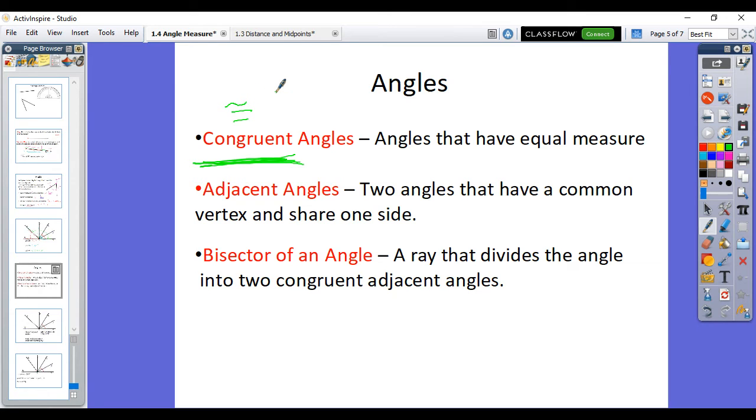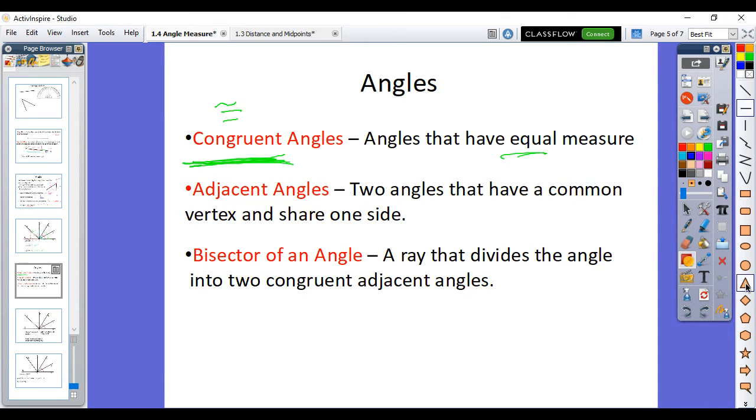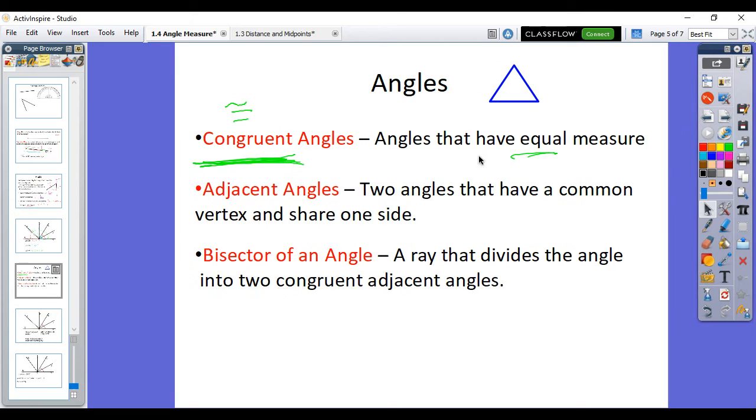Now, the difference between congruent and equal is that equal strictly refers to numerical values. Congruent means they look the same and act the same, though they're not necessarily in the same orientation. So, for example, let me take this little triangle, duplicate it, move it, and turn it.